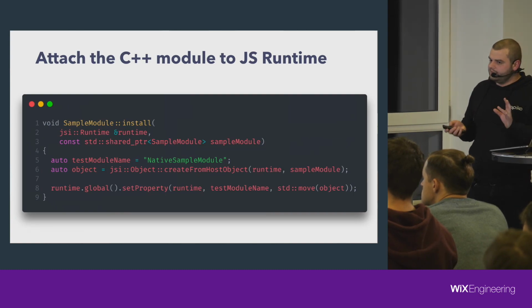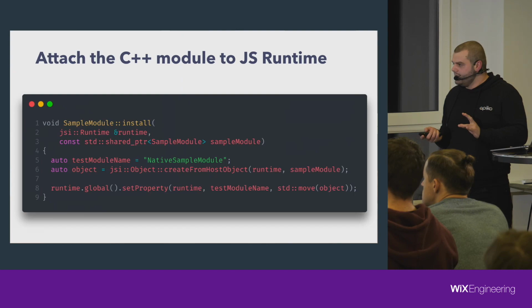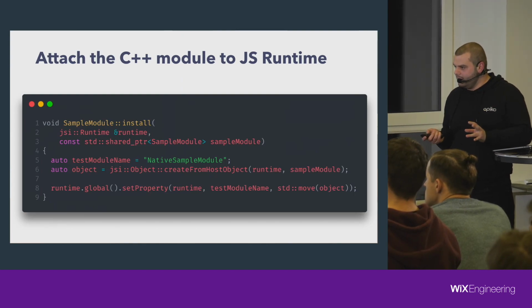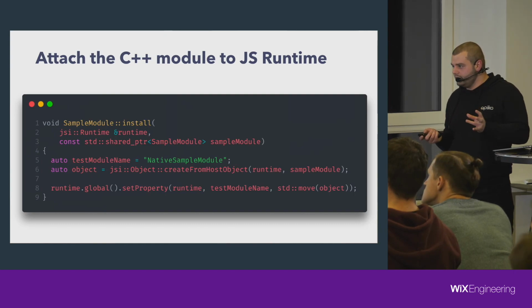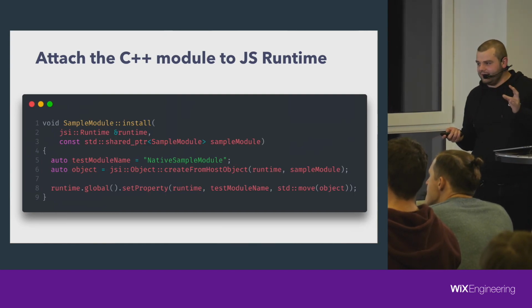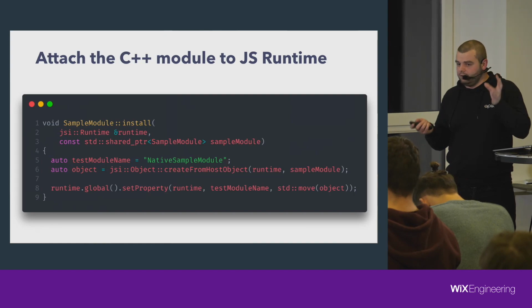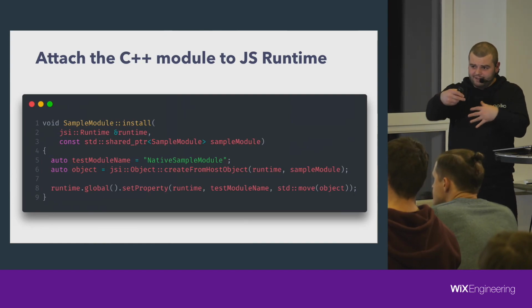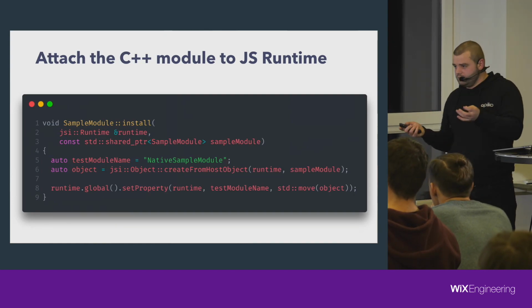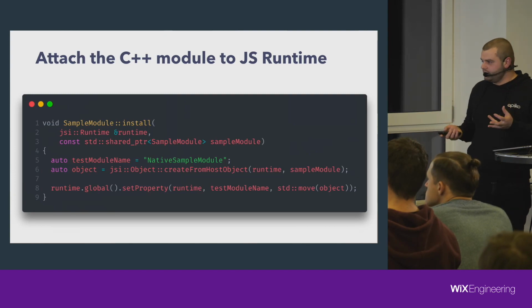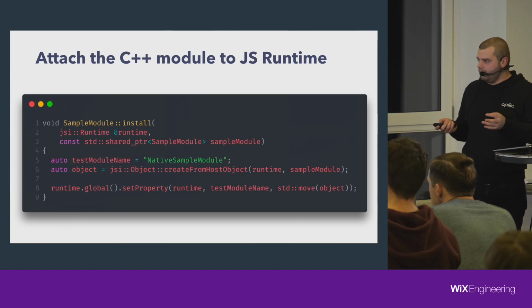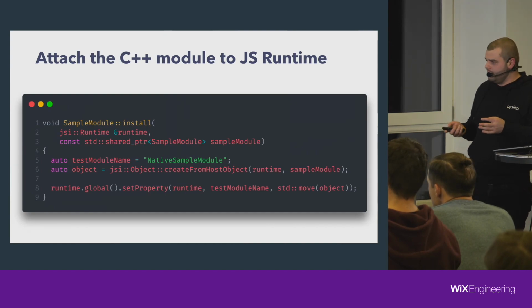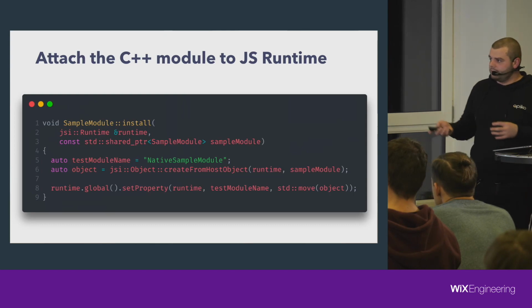The most important part is this one. You can use runtime to grab the global object, and you can set a property on the global. So you assign it just like you used to do on your JavaScript side, passing its name and also our host object itself, which I will describe later.